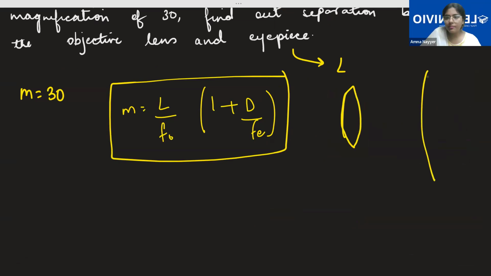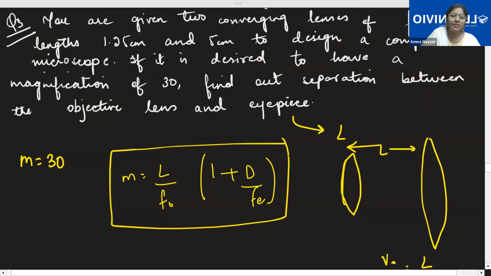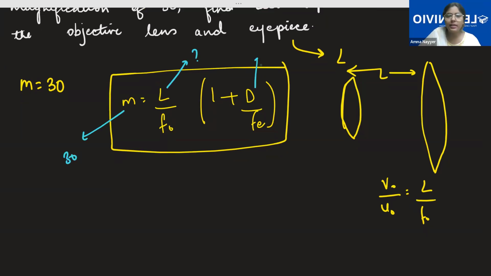Objective is there. So this is the length L. So V naught by U naught is equal to L by F naught. Now L is missing, rest everything is already given. Magnification is 30. L has to be calculated.